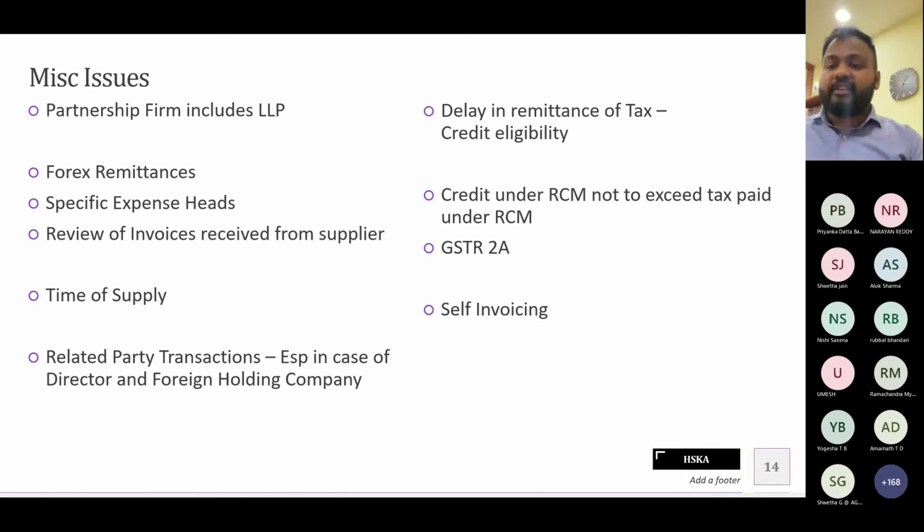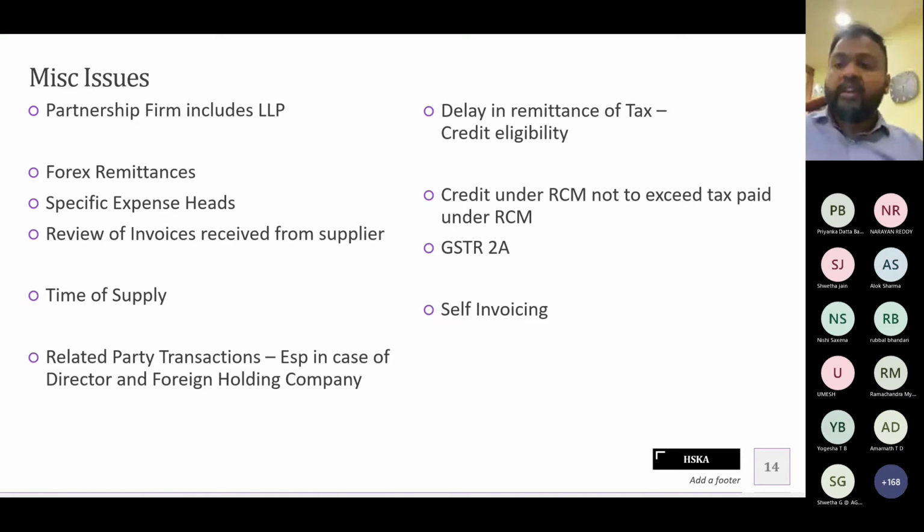That means the time limit starts from the date of the document, which is today, and not 1718. So I'm entitled to claim the input tax credit. That is the only argument available based on which there will be a big litigation, and based on which it will be decided whether we are entitled to claim the credit or not. Till the matter is decided, please claim the credit. Okay, and then we will see if we have to reverse the credit in the subsequent period, depending on whether the judgment is in our favor or it is against us.